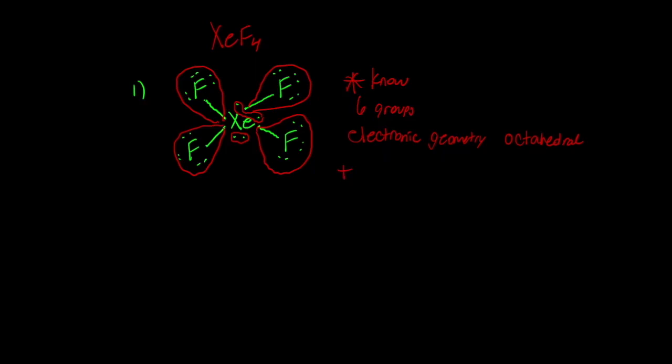Okay. You don't need to know this part, but if you go back to the table and you look, it's outside of the purple box, but this actually has a molecular geometry of square planar. Okay, square planar.